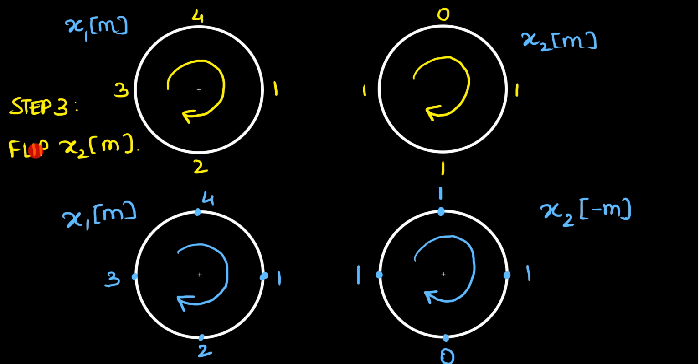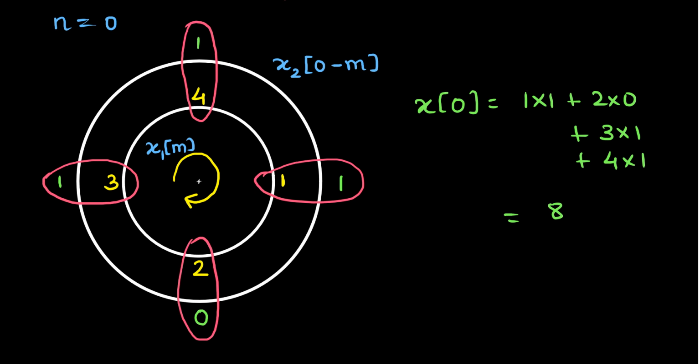The next step, step 3, is to flip the signal x2 of m in a circular fashion, that is, the one which was located at 1 should now be located at -1. This gives us x2 of -m, and once we have flipped, we need to shift it.